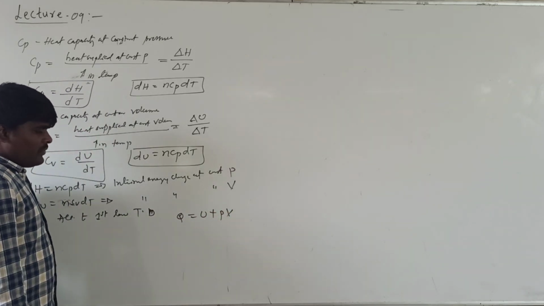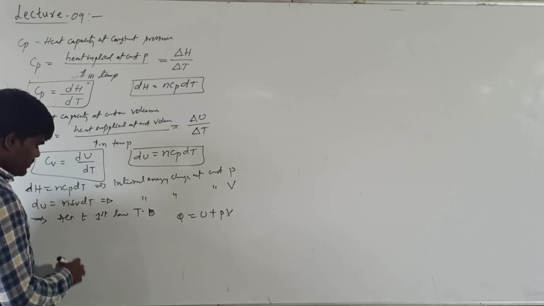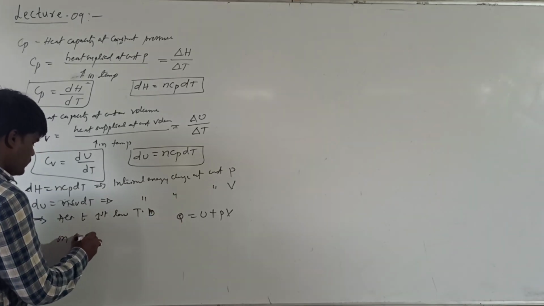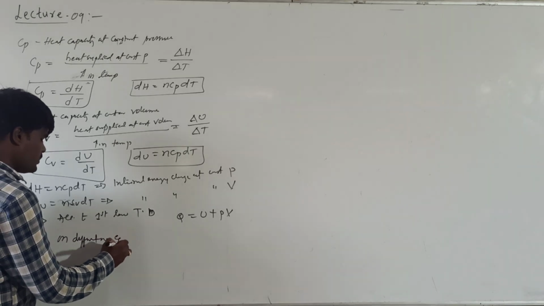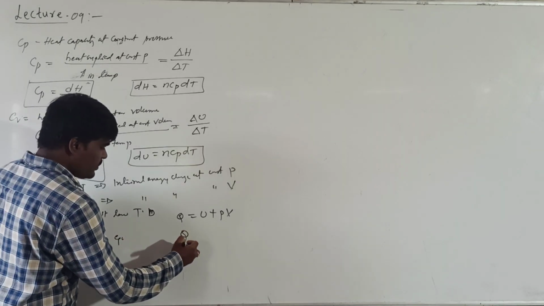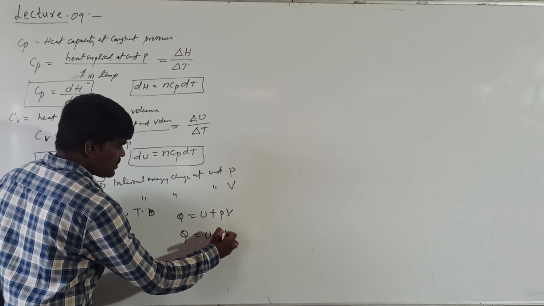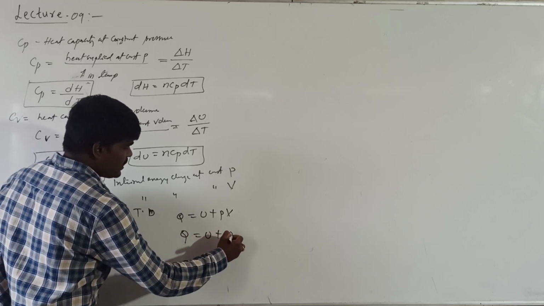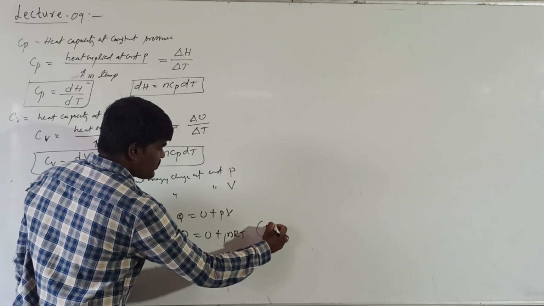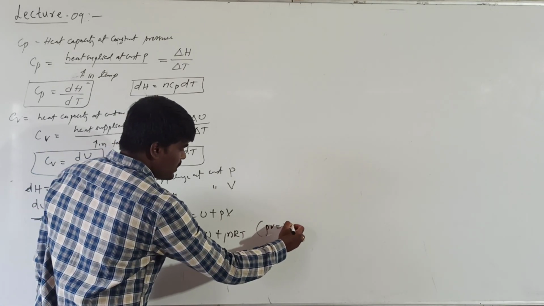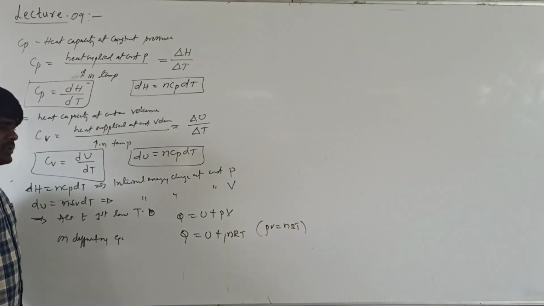From the ideal gas equation, PV is equal to nRT, so I am replacing PV with nRT.